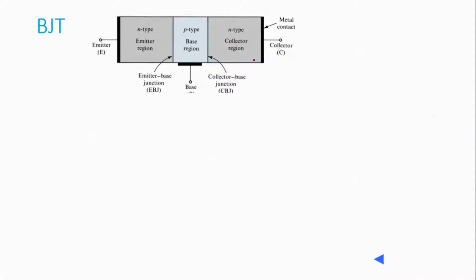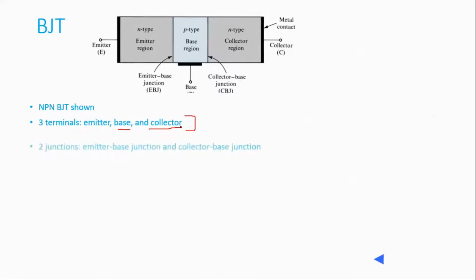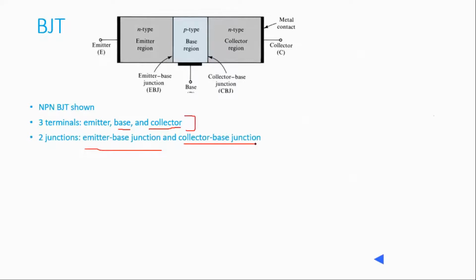So here you can see NPN, this particular BJT is called NPN, and the other type is PNP. There are three terminals: one terminal is the emitter, another is the base, another is the collector. Then there are two junctions: the emitter base junction and the collector base junction.